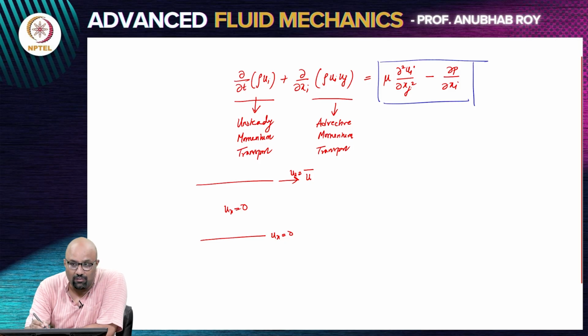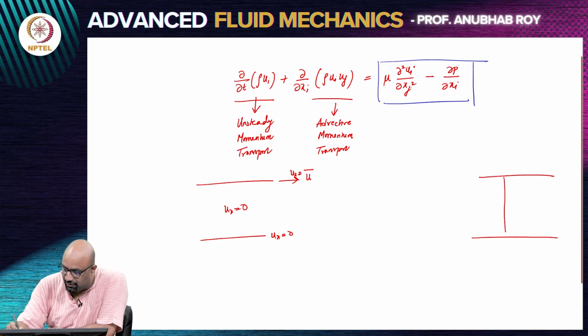This is the configuration at t equals 0. Now, what we did in class was we obtained the velocity profile by solving the steady fully developed version of the Navier-Stokes equation in absence of pressure gradient.